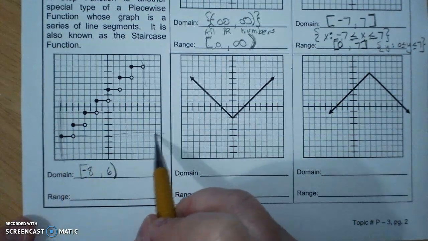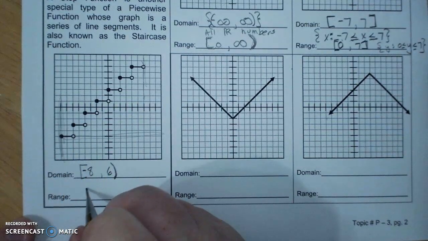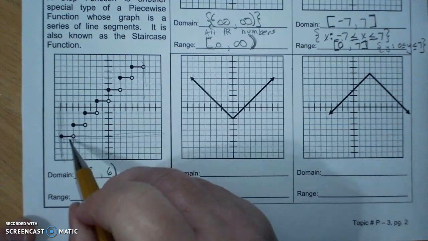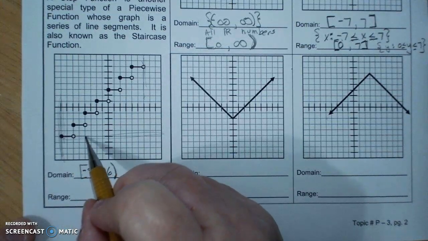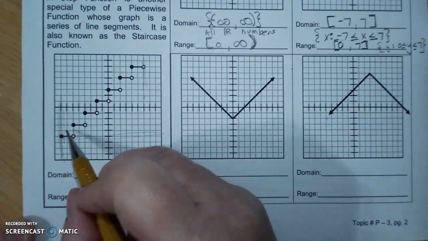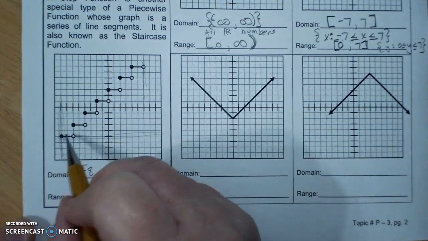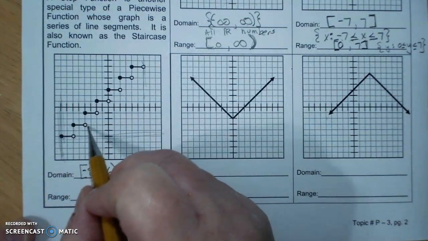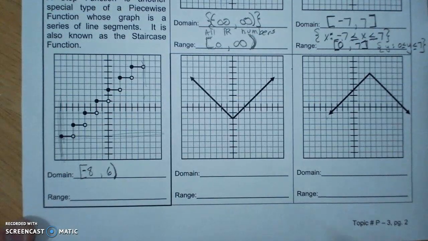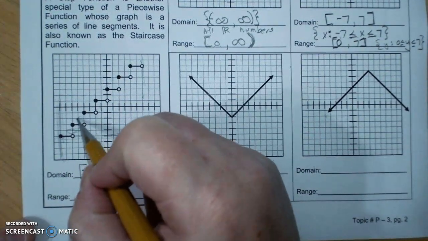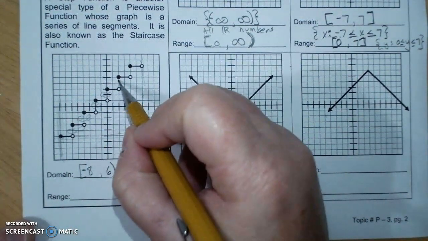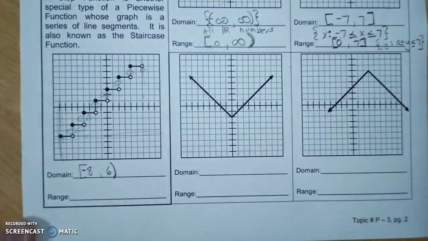Range. At the bottom, I don't go continuously. So X's, if I pulled this down and I pulled this down, it would make one long chain. But notice there's gaps where the Y's don't hang out.